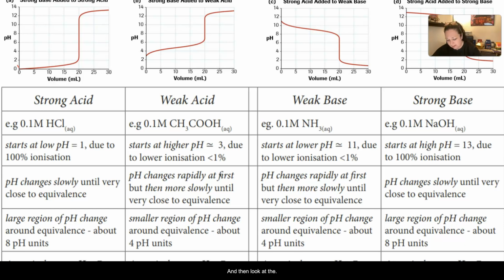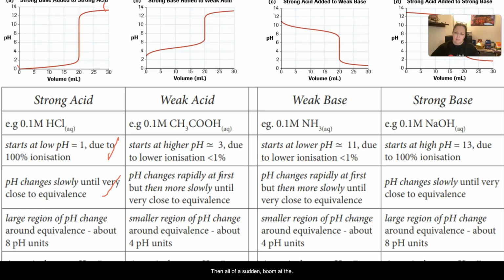And then look at where the ending point is, up above 12. So that's a strong acid and a strong base, so it could be HCl and NaOH or whatever. How do I know this? Because it starts with a pH less than 1. That's because it's 100% ionization of the acid. The pH changes very slowly, so it's very level, it doesn't have that quick jump at the beginning. The pH change is kind of slow.